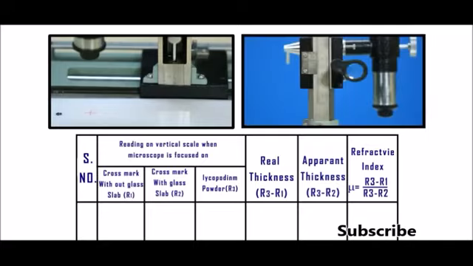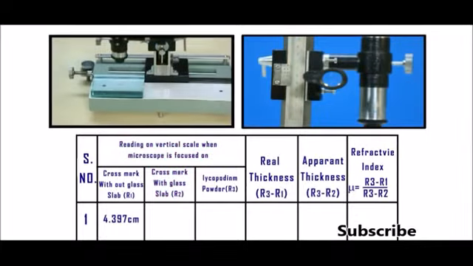Reading on the vertical scale, when the microscope is focused on the cross mark without the glass slab, R1, is 4.35 plus 47 into 0.001, that is equal to 4.397 centimeters. Reading on the vertical scale, when the microscope is focused on the cross mark with the glass slab, R2, is 4.95 plus 41 into 0.001, that is equal to 4.991 centimeters.